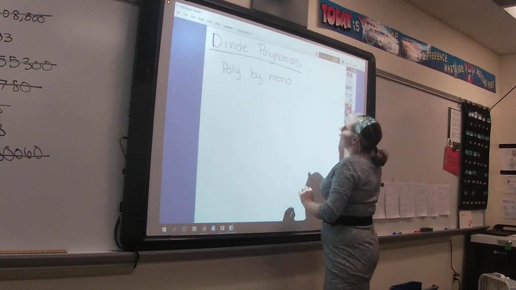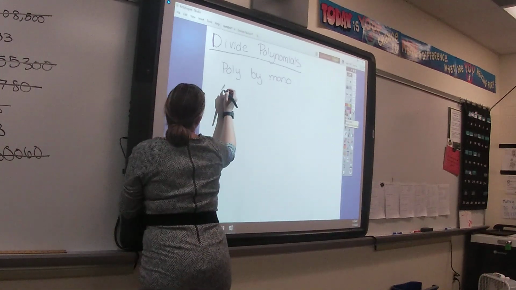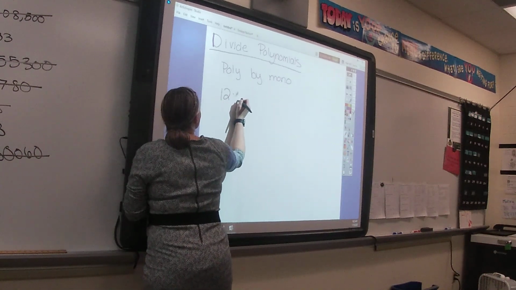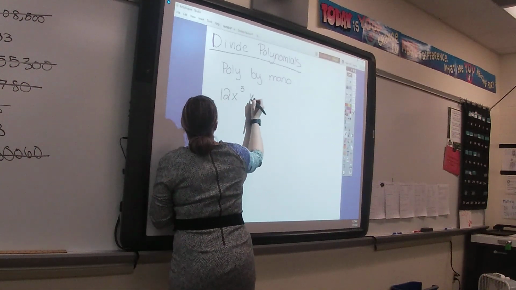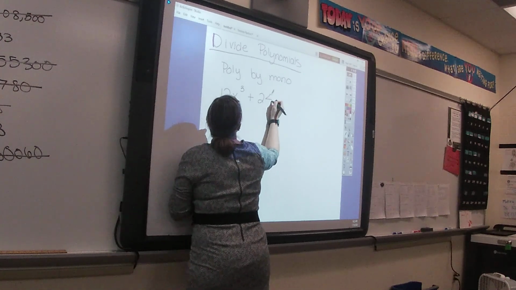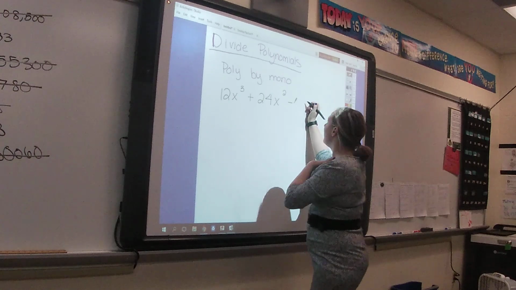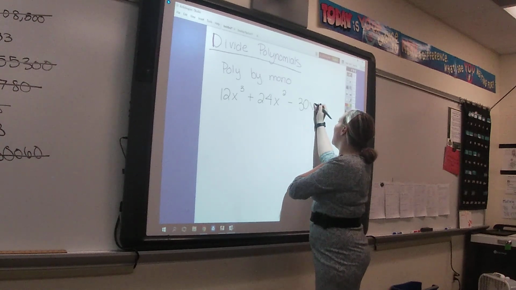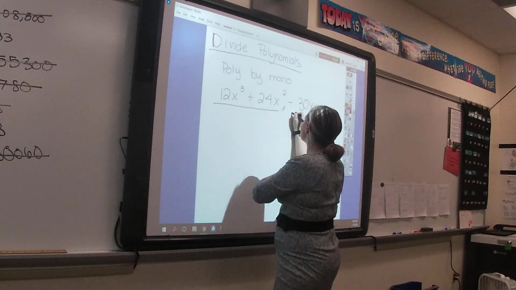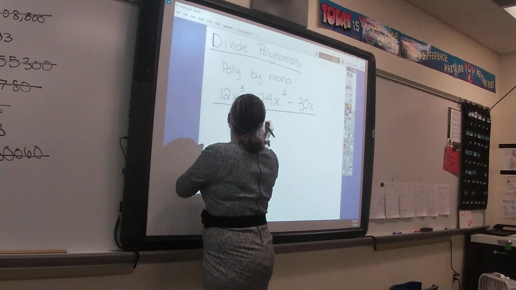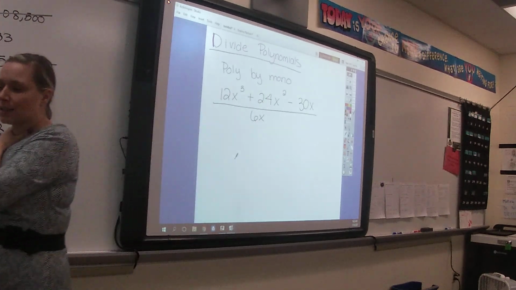So if I have 12x to the third plus 24x squared minus 30x, and I want to divide this by 6x.